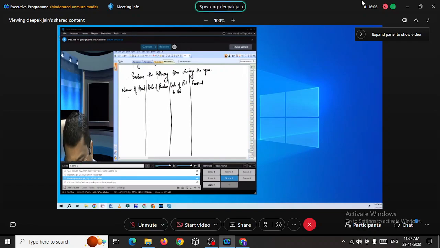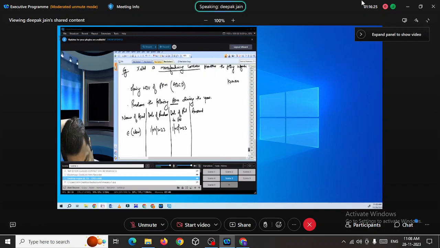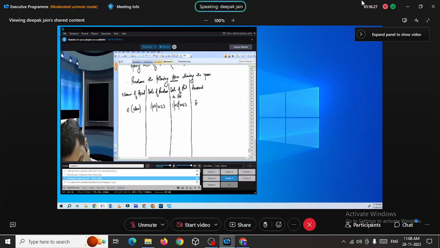Asset E, new plant and machinery. Date of purchase 1 April 2023, date of use 1st May 2023, worth rupee 80,000.